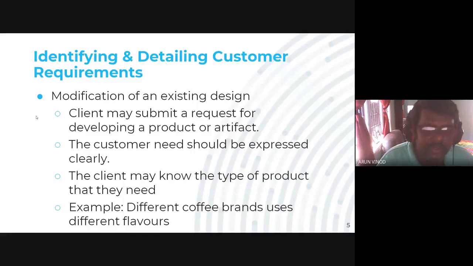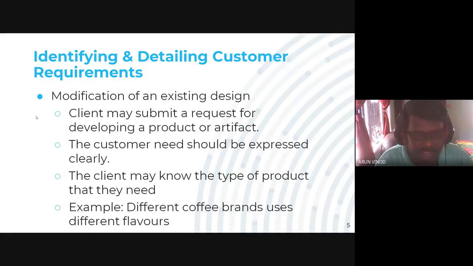The design process is the same, but the engineer has to modify the existing design. So he will get the already available product, and with the help of the product, you can do the design. What are the changes to be done, and for that, what is the design?